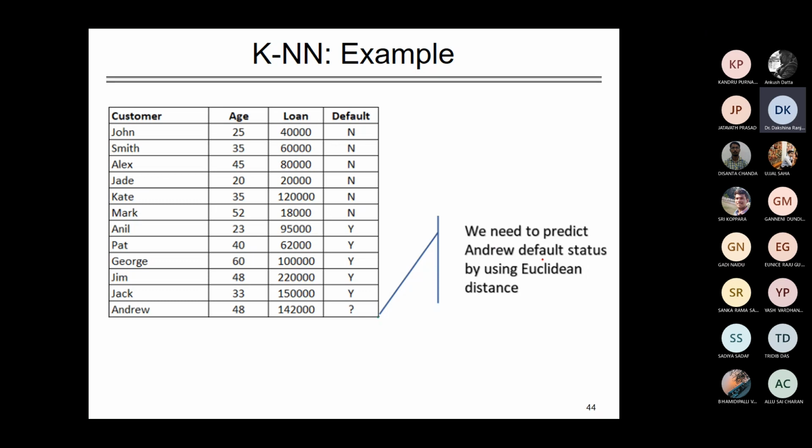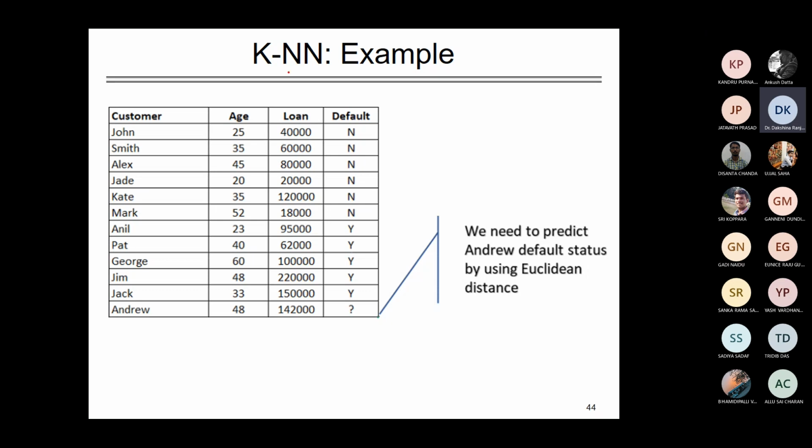We need to predict the default class, whether it may be yes or no. The question mark is put in the row of this tabular data. So for Andrew, we have to estimate whether the default value is yes or no.